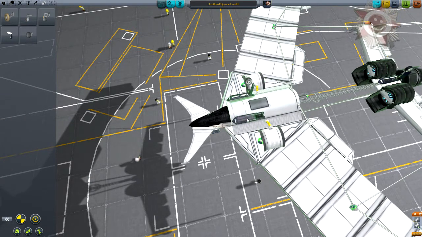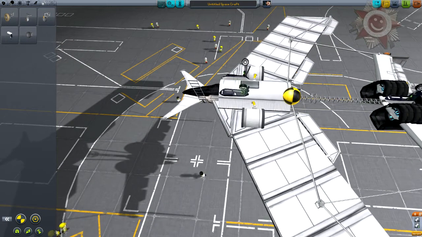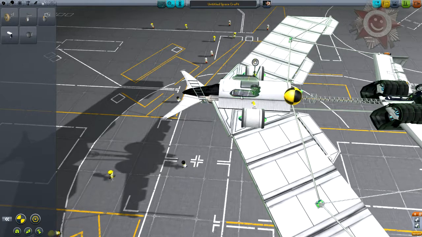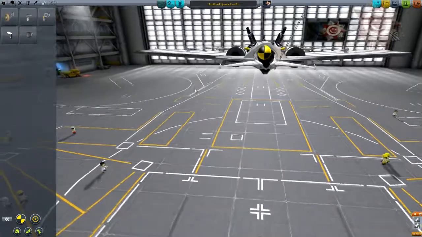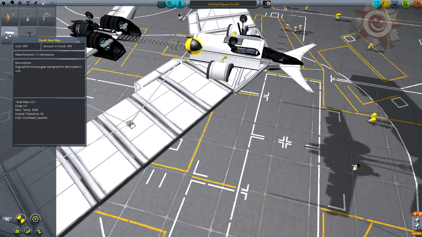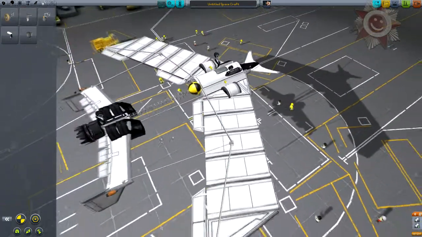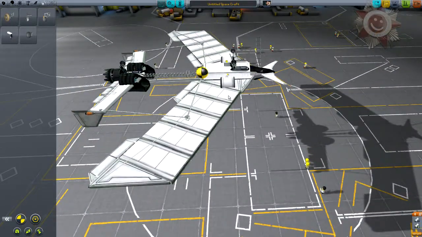One thing I can show you right now is the center of mass seems to be moving back and forth when I move these landing gear, but that's an illusion. Don't pay any attention to that, because even though these wheels are indicated to have half a ton of mass each, they are massless when they are actually on the plane and we lift off. They won't affect our center of mass at all.